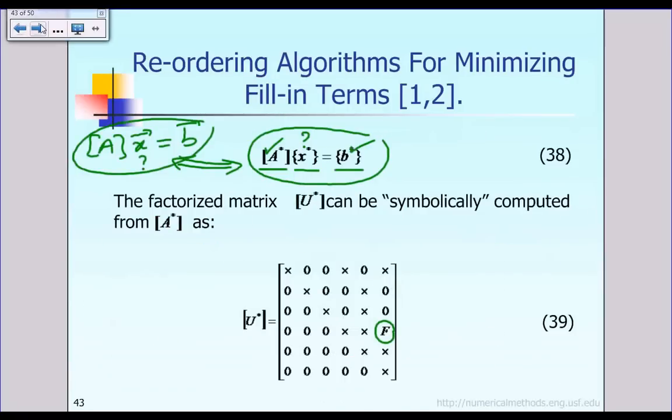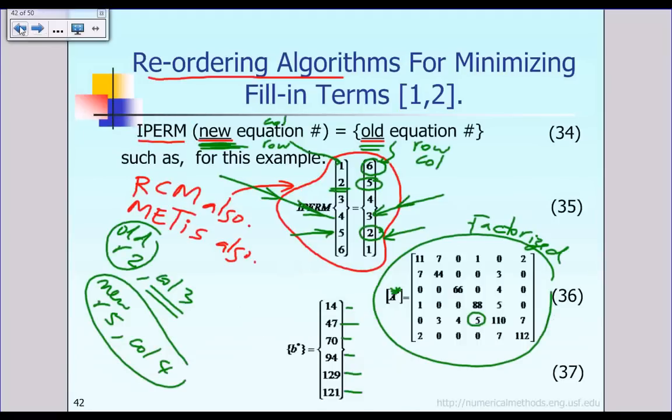Okay? So now, after explaining that to you, here's the next one. The process to change the old equation, row, or column, the old system, into the new equation, new column, or new row, is just like swapping an old equation to become the new equation.